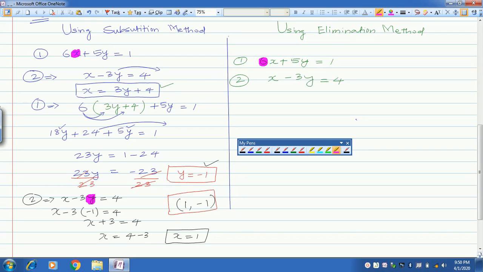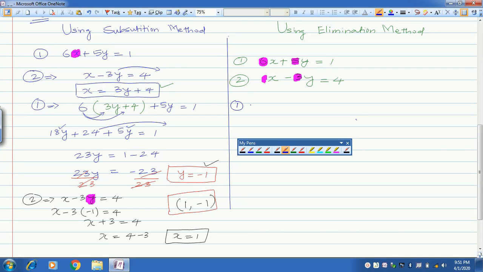If you want to eliminate the x term, you have to multiply equation number 2 by 6 and equation number 1 by 1. If you want to eliminate the y term, 5 should be multiplied with equation 2 and 3 with equation 1. This is the general rule for eliminating x and y.